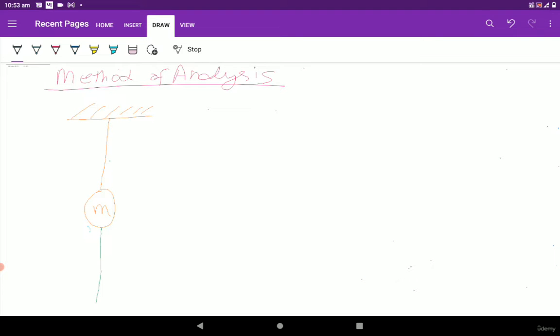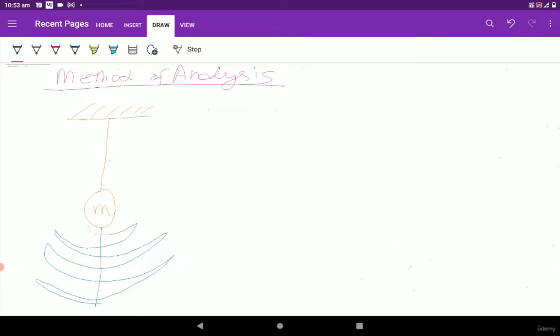It will go here, then come here to the mean position, then go there, and come back again. This is the nature of oscillation of the simple pendulum.